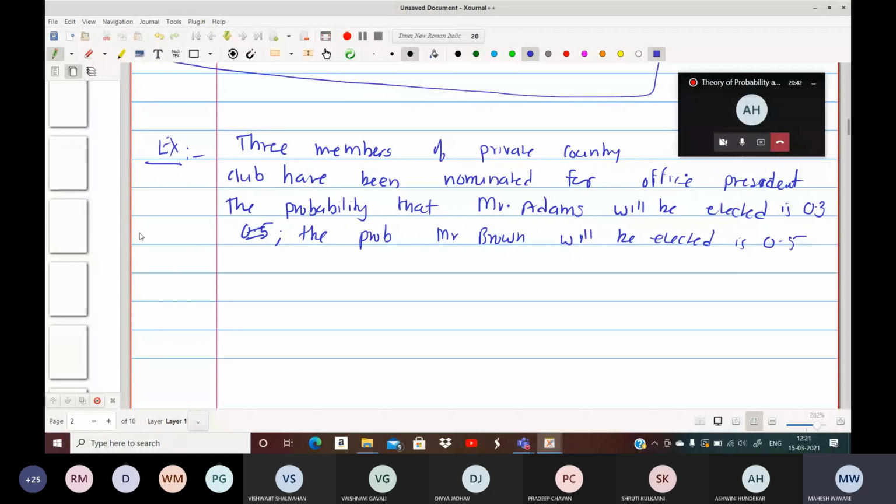He has more chances to become president. And the probability that Mrs. Cooper will be elected is 0.2.